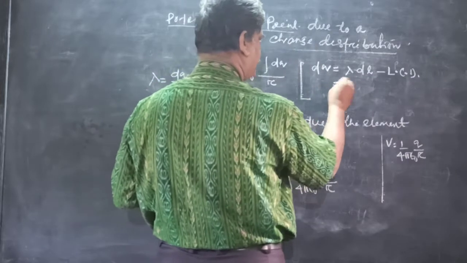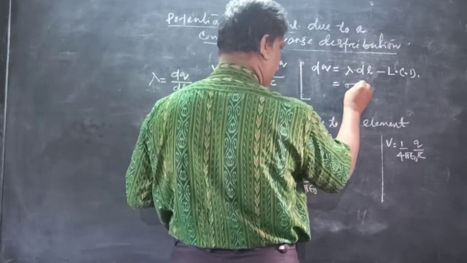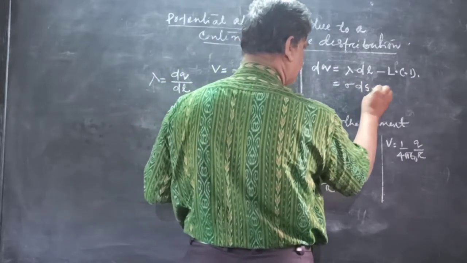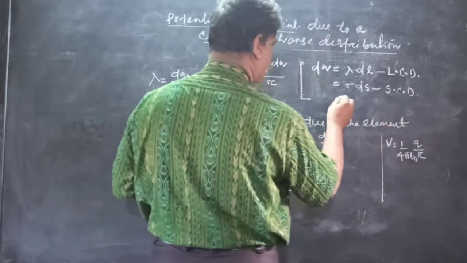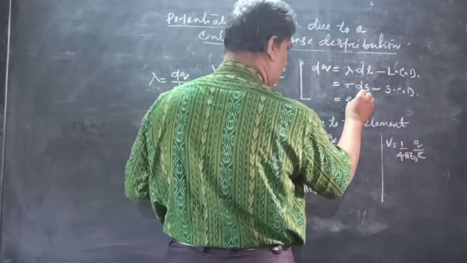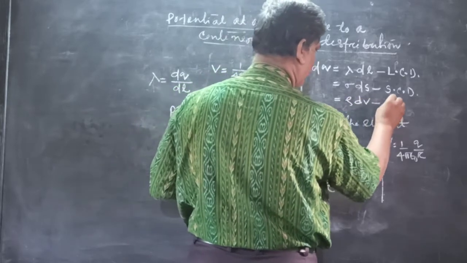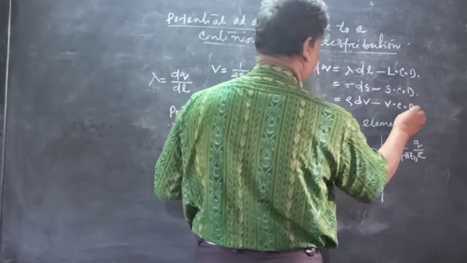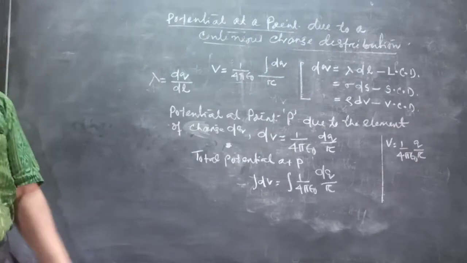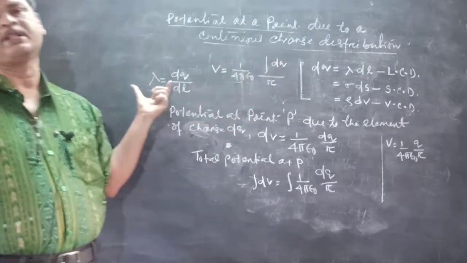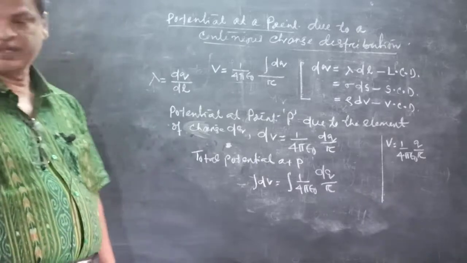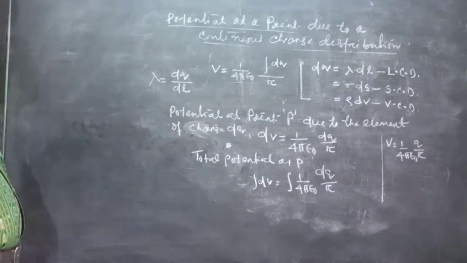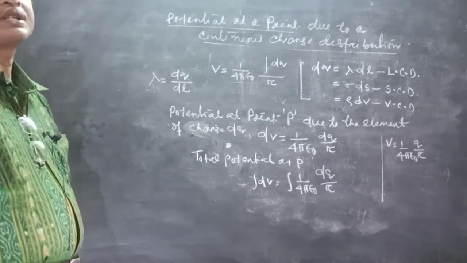Similarly, this can be written as sigma into ds for surface charge distribution, and rho dv for volume charge distribution. Clear? Then put in the values and find the answer. So this is your potential at a point due to a continuous charge distribution.